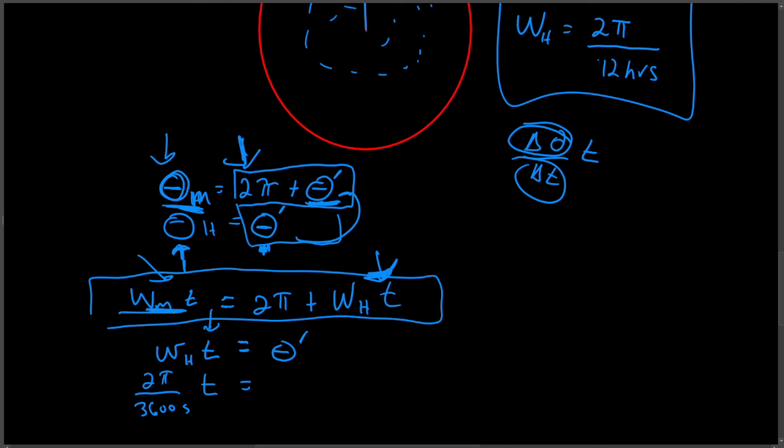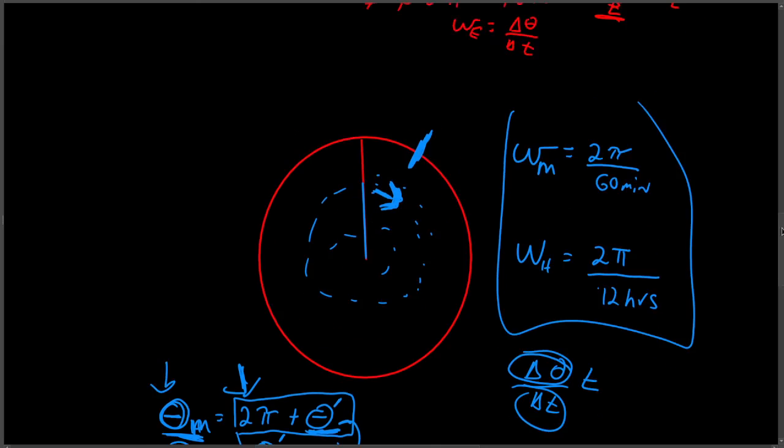And so that's that part of the equation. And then 2 pi plus, well, the hour hand moves 2 pi, and it takes 12 hours to move around. So it's 12 times this number, which is 43,200 seconds in 12 hours, times time. And so what you want to solve for is the time here.